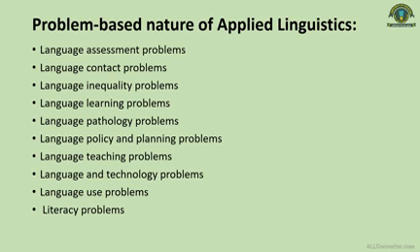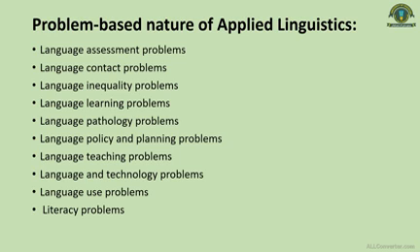A list of major language-based problems that applied linguistics typically addresses across a wide range of settings follows. The list we will discuss is not exhaustive, but it should indicate what it is that applied linguists try to do, if not how they go about their work.